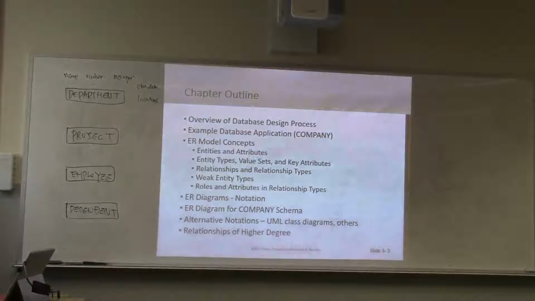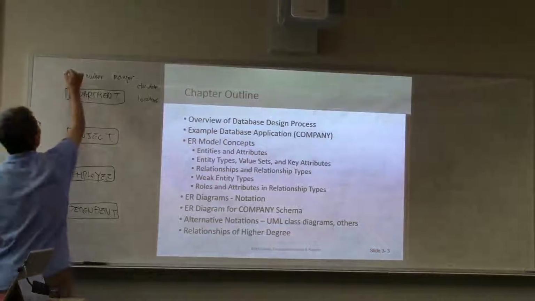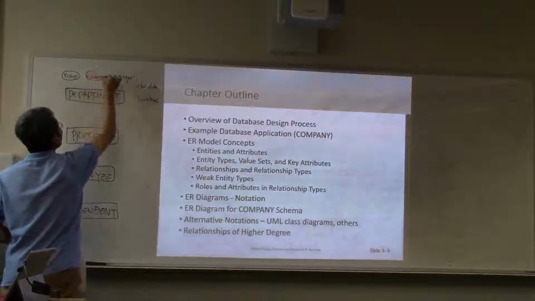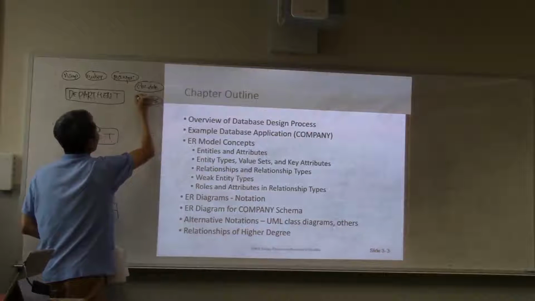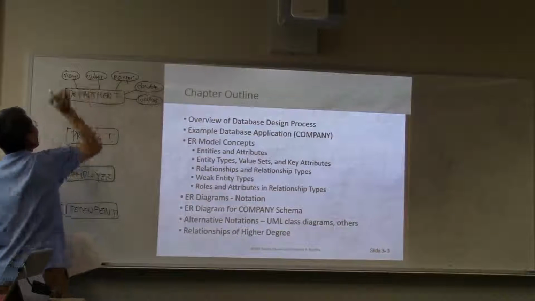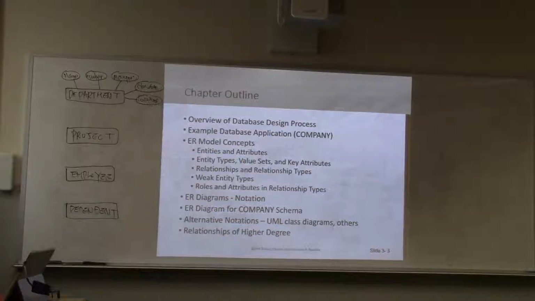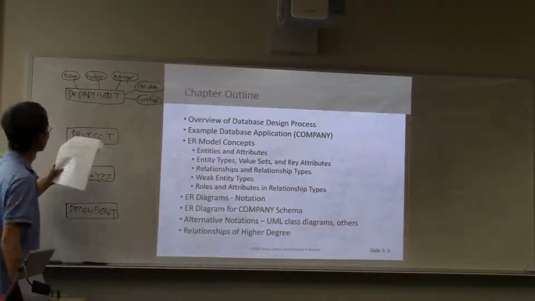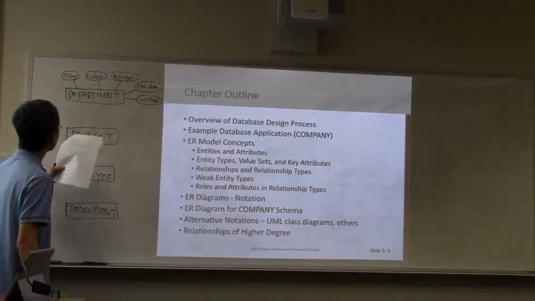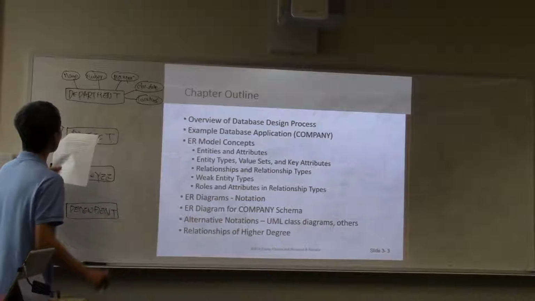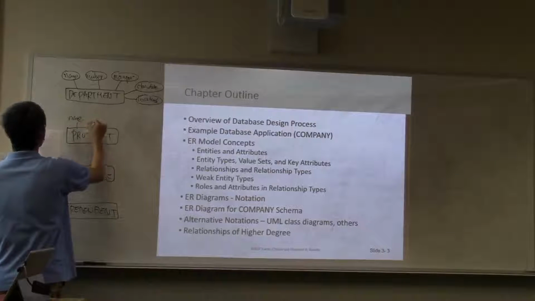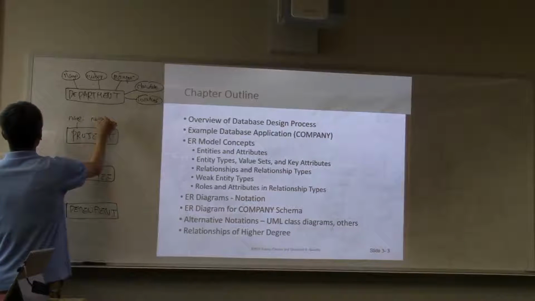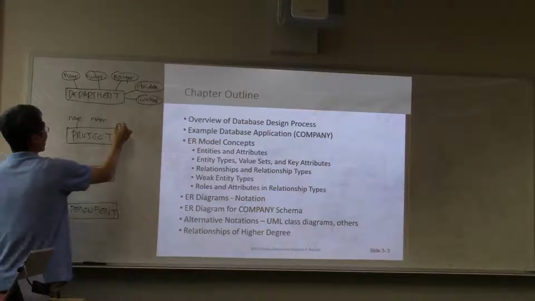These are called attributes. We draw them as ovals, then connect them to the corresponding entity. We can do the same thing for the next one, project. Each project has a unique name, a unique number, and a location.